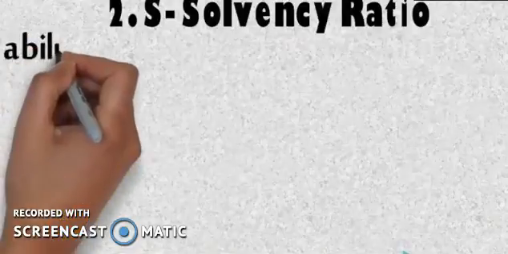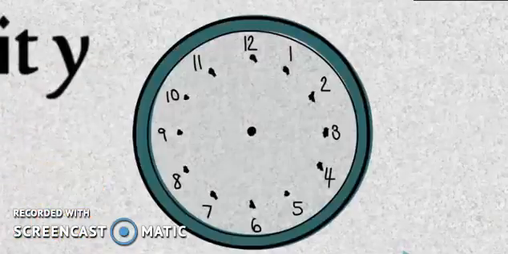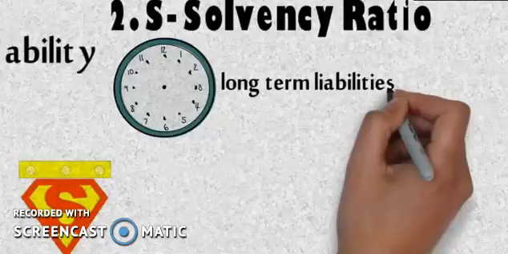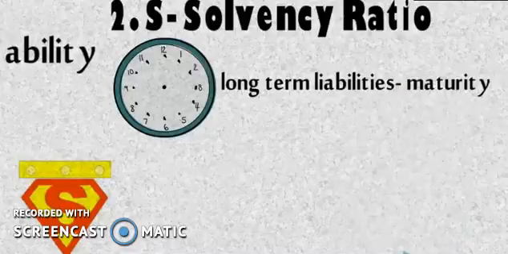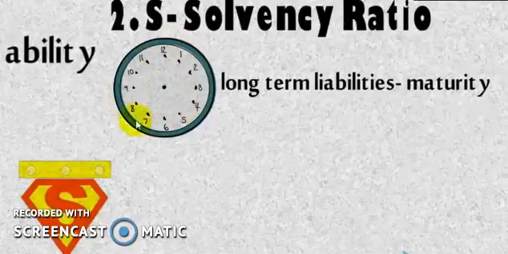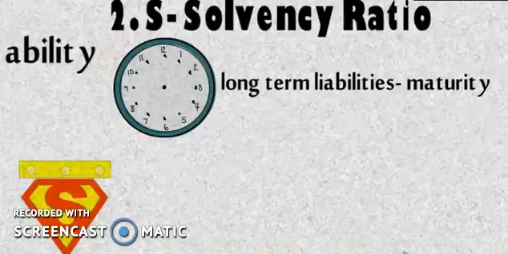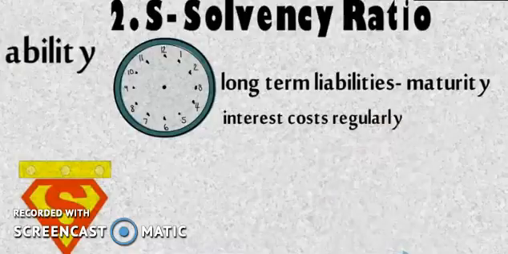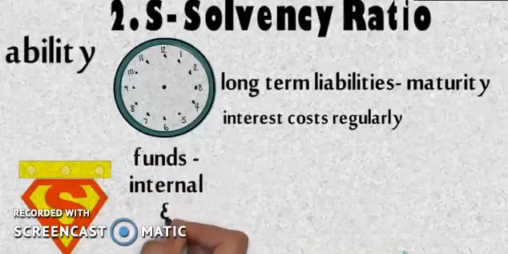This tells us about the ability of a firm, shown by a clock without a needle, to pay long term liabilities, which are not going to mature today or tomorrow. It is the firm's ability to pay long term liabilities when they mature, and the interest costs which are to be paid regularly. So it tells us about the long term solvency position.